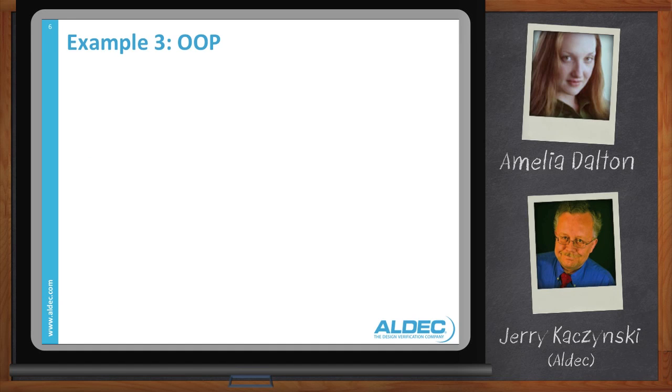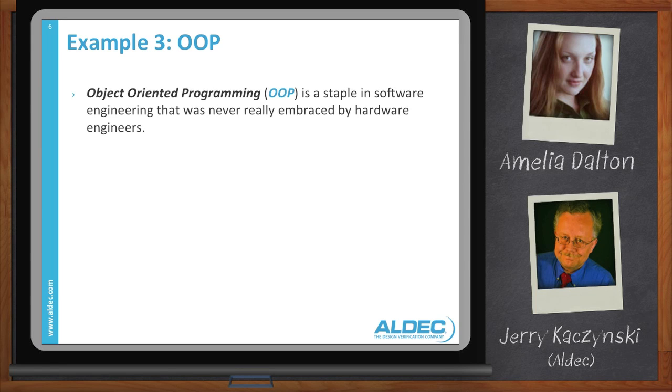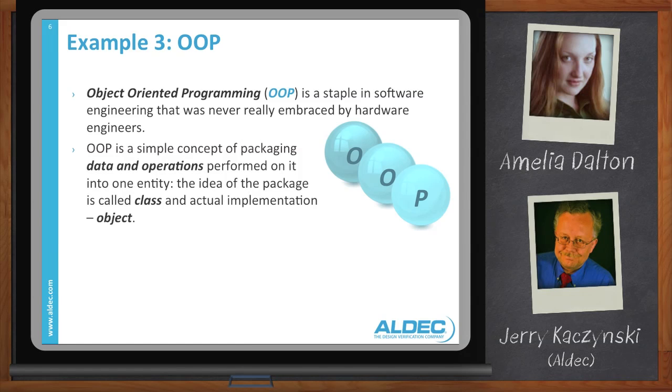Third example, object-oriented programming, better known under the acronym OOP, is a staple in software engineering. Unfortunately, it was never really embraced by hardware engineers. Okay. Please note that it's actually quite a simple concept of packaging data and operations performed on it into just one entity.